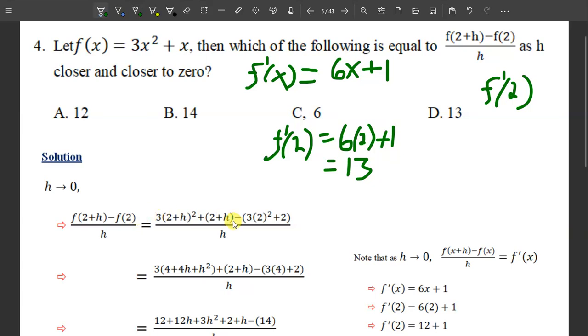F of 2 is also equal to 3 times 2 squared, which is 3 times 4, which is 12, plus 2, which is 14. Therefore f of 2 is 3 times 2 squared plus 2.